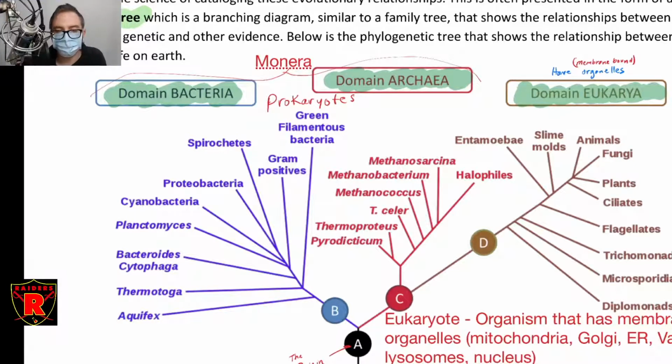Bacteria and archaea are the first split of life. They are both single-celled organisms. They're both prokaryotes. So prokaryote is the opposite of a eukaryote. It does not have membrane-bound organelles. So there's no Golgi, there's no mitochondria, there's no nucleus. So bacteria and archaea do not have that, and they are the earliest split of life.